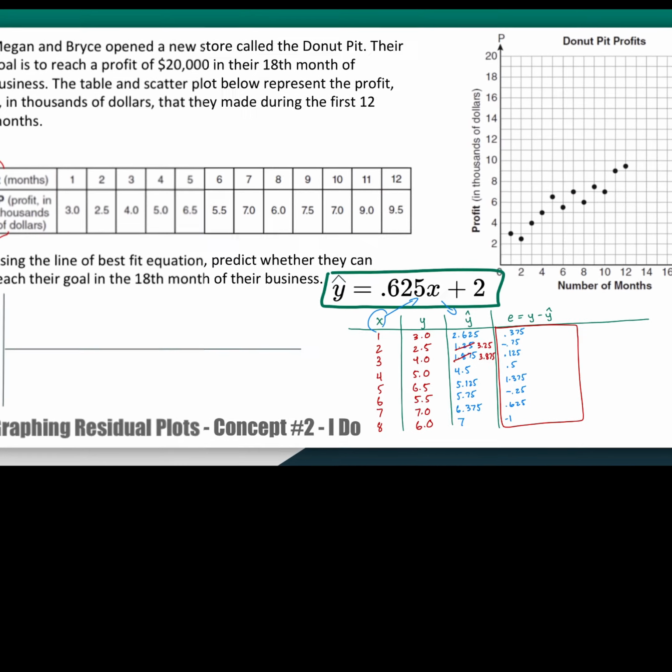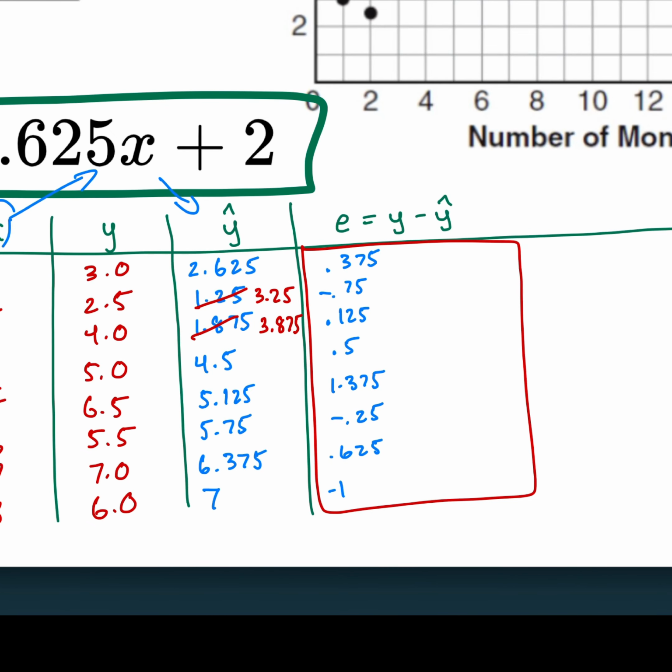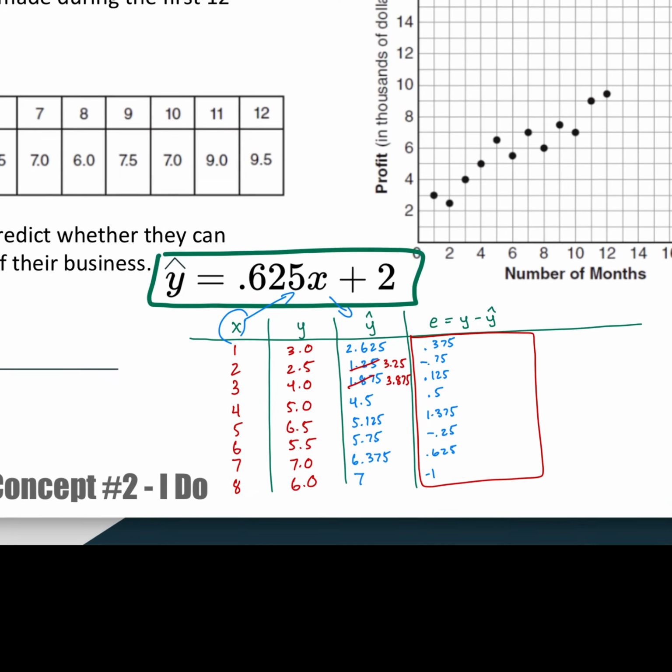Now, once you have this, you need to go to your residual plot and plot it out. So on here, this will be x, here will be e, and our highest e value is 1.375, and our lowest negative doesn't even break -1, but we want it to match.